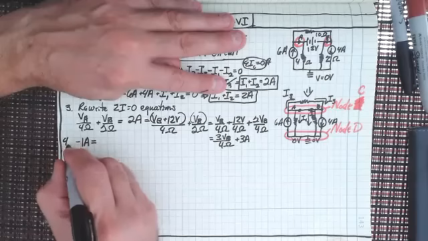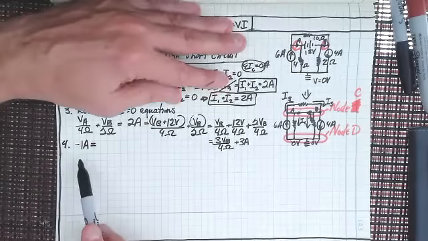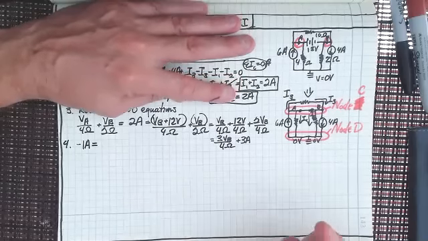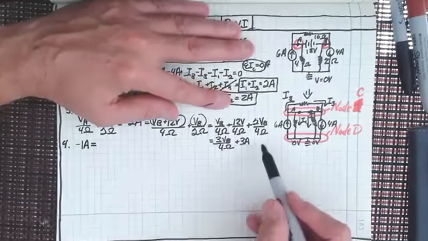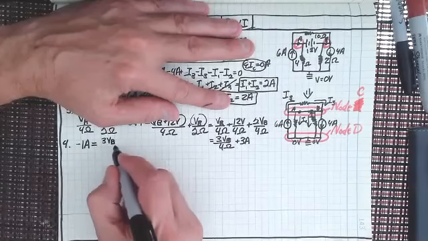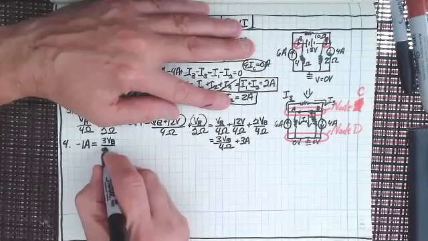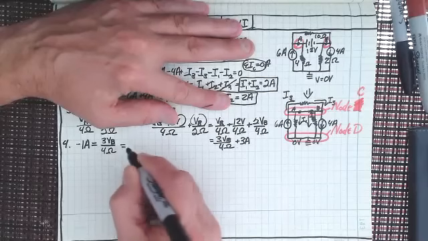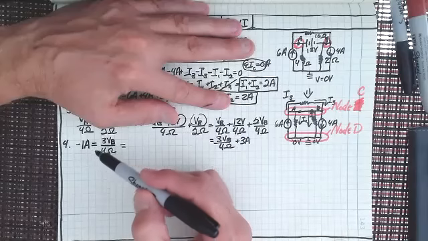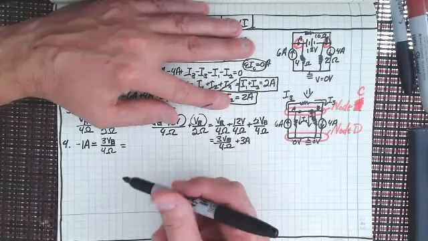In fact, I could put 4 here, just simplify and rationalize the equations that we already have here, really doing the algebra. And so minus 1 amp is going to be 3 V sub B over 4 ohms, right? 4 times minus 1, amps times ohms gives me volts.